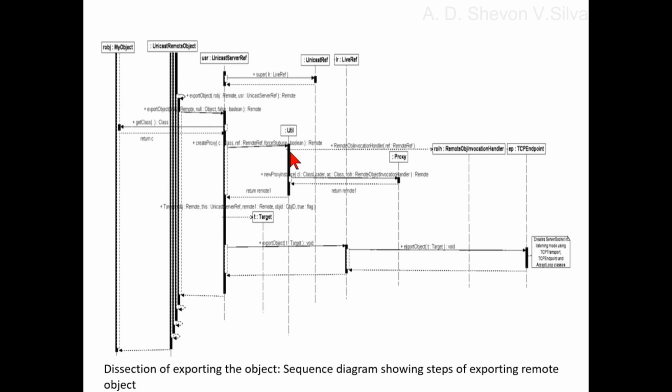Here util is connected to ROIH remote object invocation handler via remote object invocation handler ref remote ref.